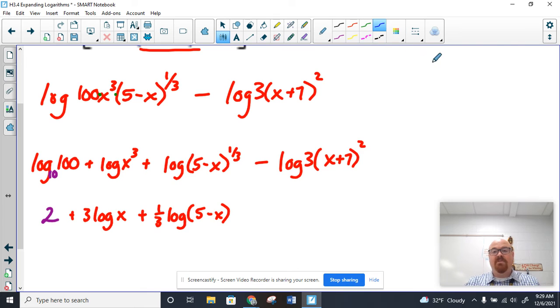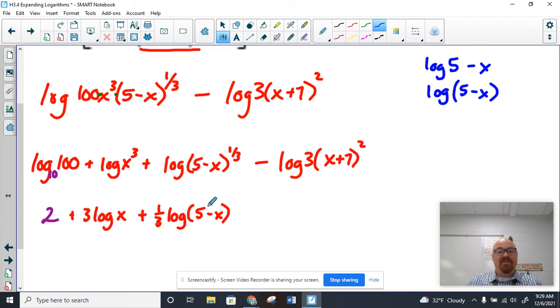And just as a brief aside, log of (5 minus x) is a different statement than log 5 minus x, right? We want that 5 minus x to stay inside that logarithm, so we have to keep the parentheses around that. Those are crucial to telling us what's actually inside this. In the second statement, the 5 is the only argument in that logarithm, and then it's just a minus x tagged on the back end. But we want the 5 minus x in there. Okay, so this is the full expansion of that numerator.